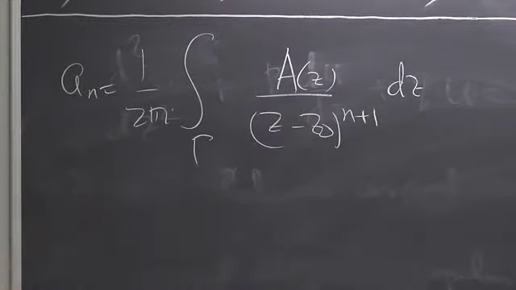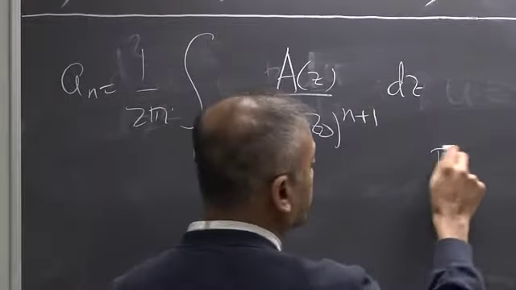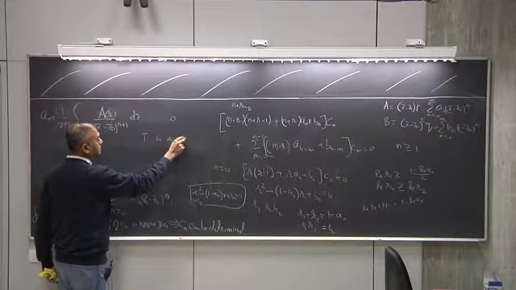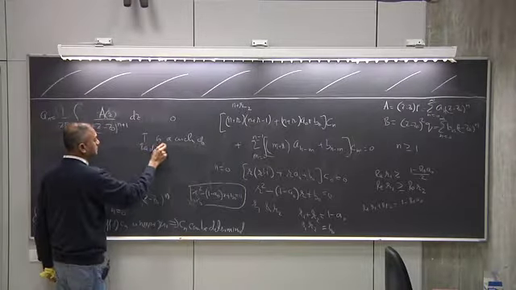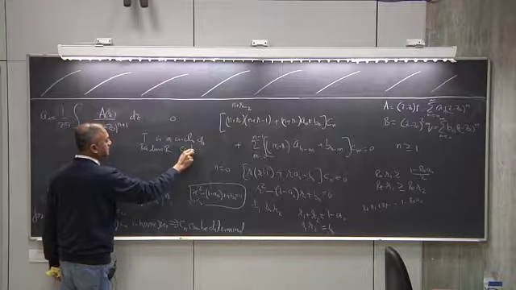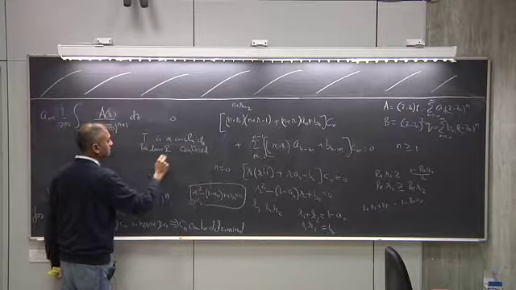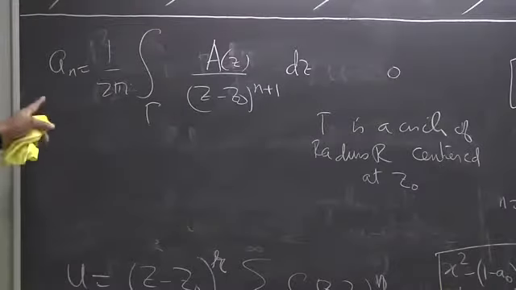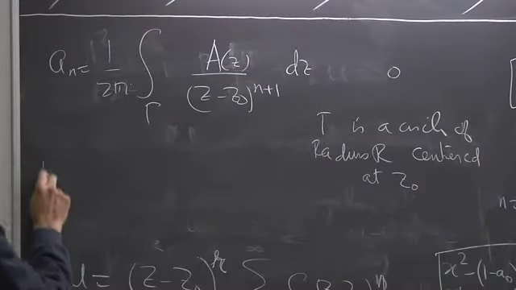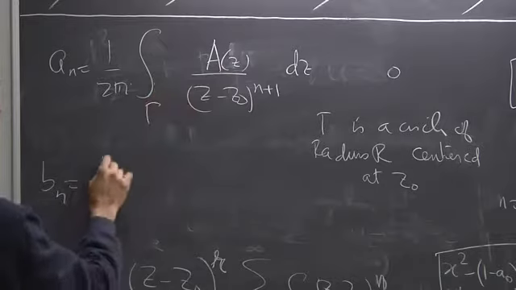I will choose it to be a circle of radius r centered at z naught. It's exactly the same expression for Bn with A replaced by B.